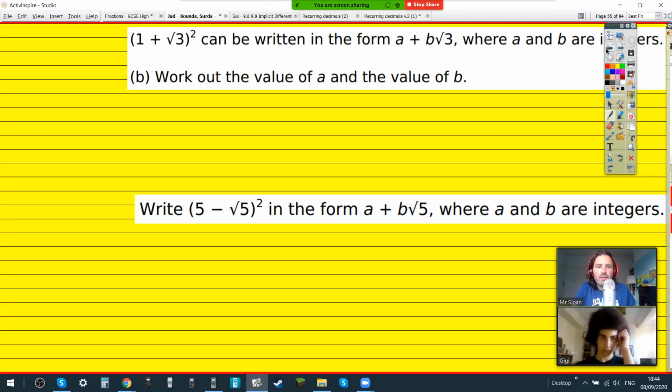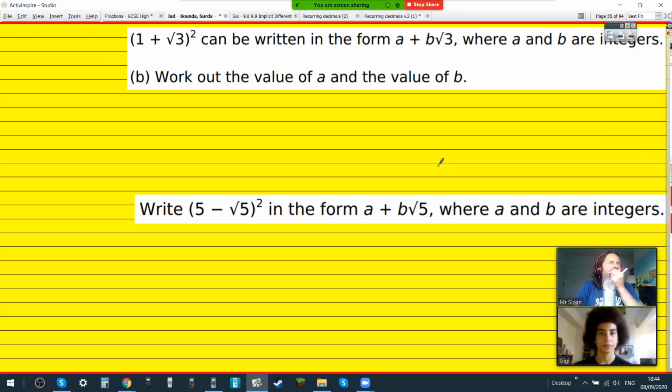You're learning. How would we do the top one? We're in the form a plus b root 3, where a and b are integers. So that squared would be 1 plus 3, which would be 4.